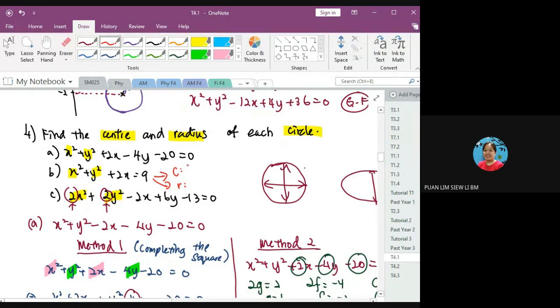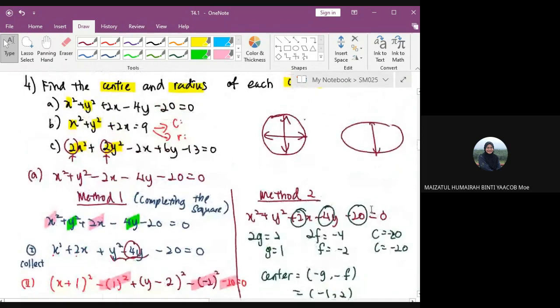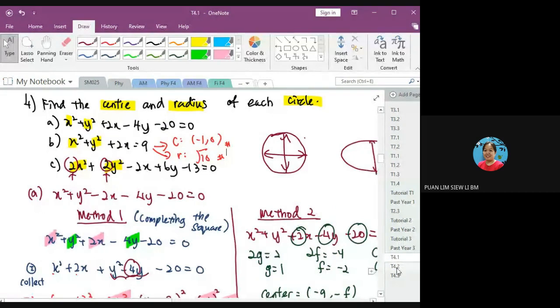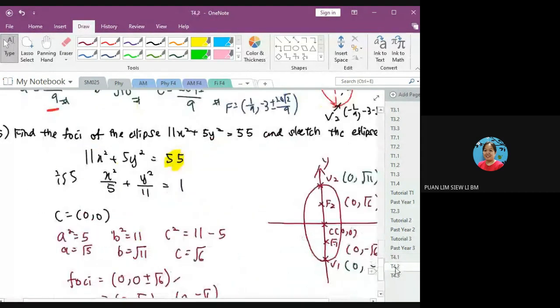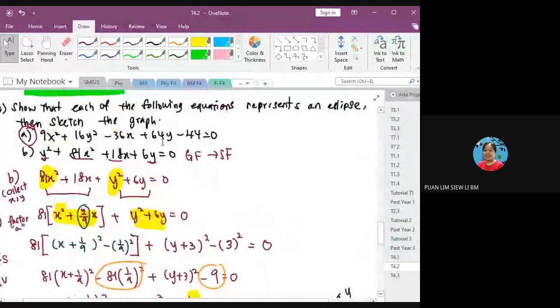Yesterday work, what's your center? What's your radius? Cepatlah. Center negatif 1 dengan 0. Bagus, dapat. Radius? Set 10. Okay, bagus. So, siap circle. So, hari ini punya kerja ialah ellipse. Tinggal lagi satu soalan A sana, sini.